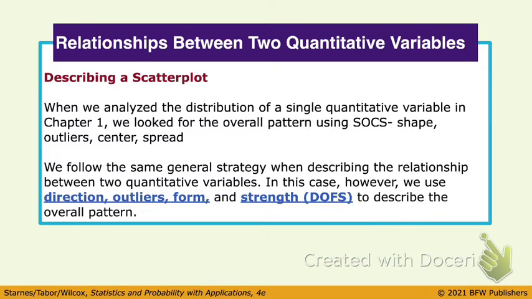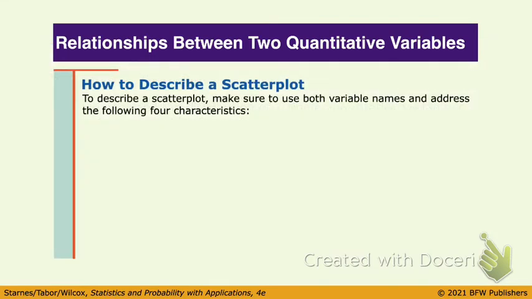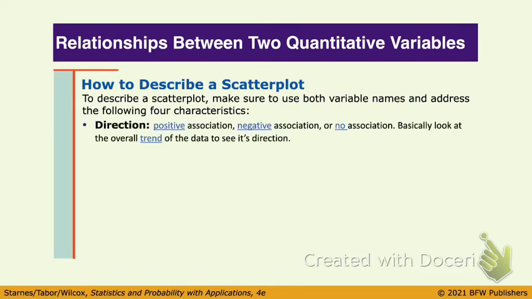Everybody have those written down? Yes? Okay, cool. So, how does this work? To describe a scatter plot, you're going to make sure to use both variable names, and you're going to address these 4 characteristics. Direction. You're going to tell if it is a positive association, so basically, are the dots moving in a positive direction?